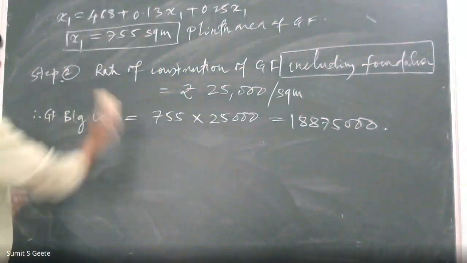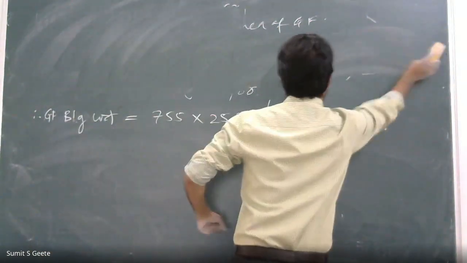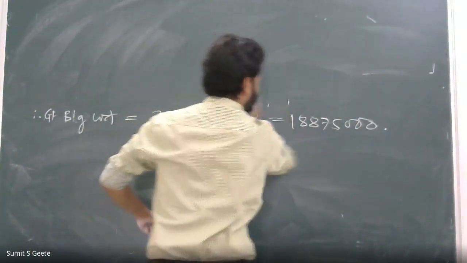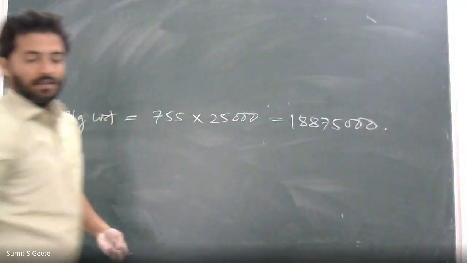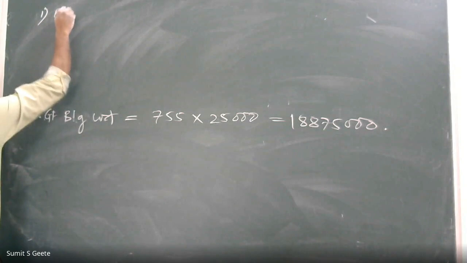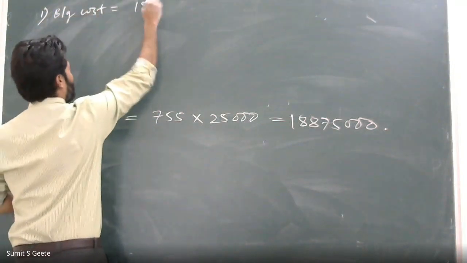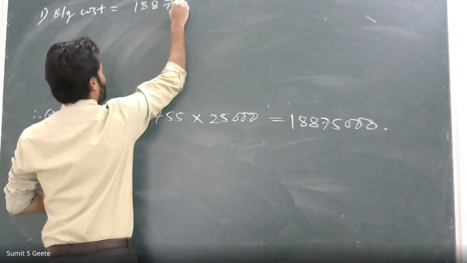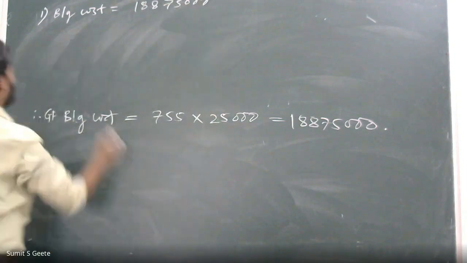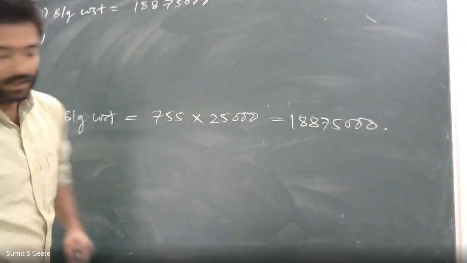Now we will tabulate this again, 1, 2, 3, 4. Point 1, building cost. How much is it? It is 18875. Second, the provision of water supply.